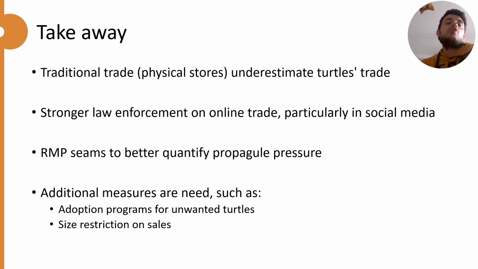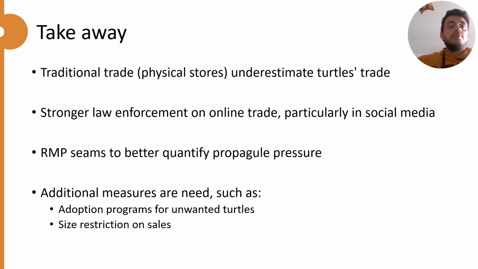We need stronger law enforcement on online trade. That's where we found forbidden species, and particularly we need it in social media because it's where we found forbidden species with less than a year.